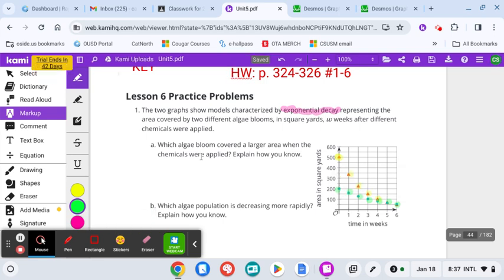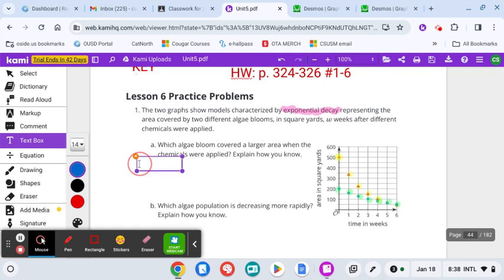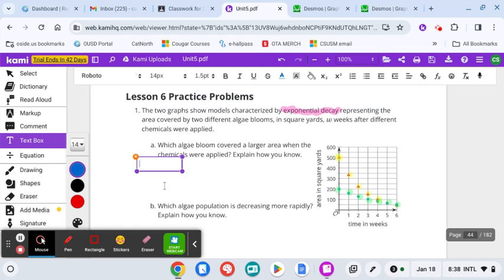It says which algae bloom covered a larger area when the chemicals were applied. That's the beginning, the initial, and explain how you know. So obviously this triangle one, the one that starts at 500. So let's type in a little response here. Remember, your words do not need to be exactly my words.